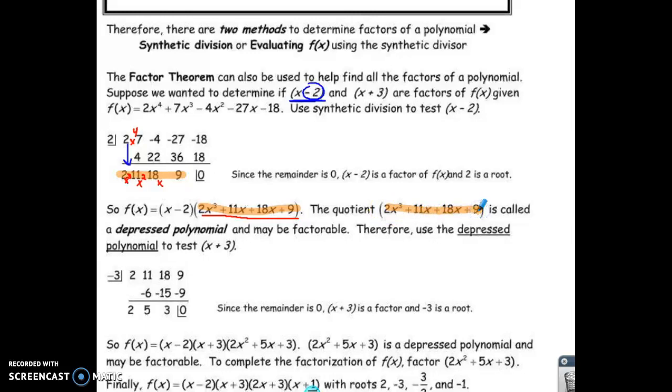That is called the depressed polynomial. And it still may be factorable. So now we're going to take our second divisor that they asked us to divide by and do it on the depressed polynomial. Right here is that depressed polynomial. So let me scroll down a little bit.